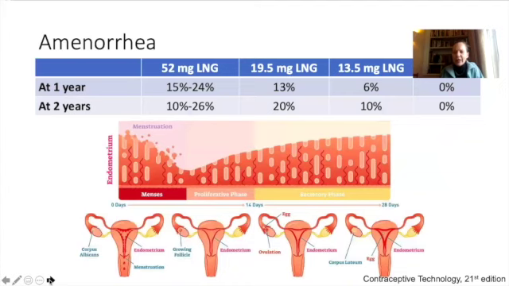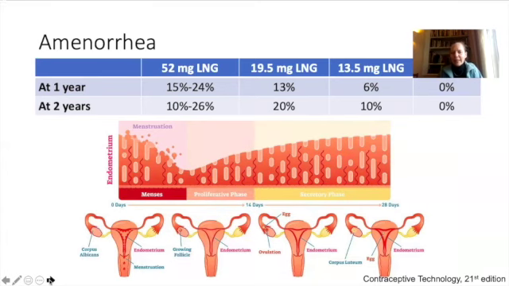So when we look at whether that's enough hormone to change the bleeding pattern, which was one of the concerns that people had with the copper IUDs, we see that amenorrhea, meaning no bleeding at all, with the 52 milligram levonorgestrel IUDs, occurs for about 20% of women, about 1 in 5, someplace between 15 and 24%, if you want to be precise across the studies.